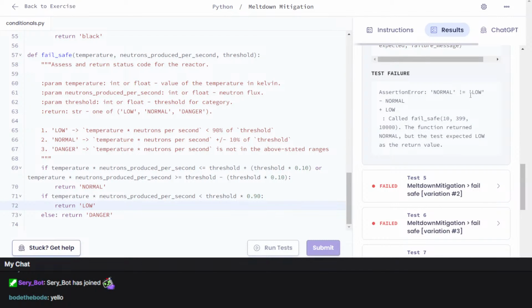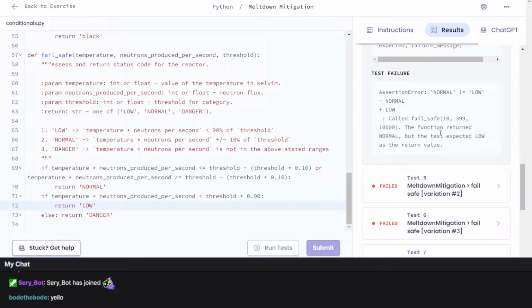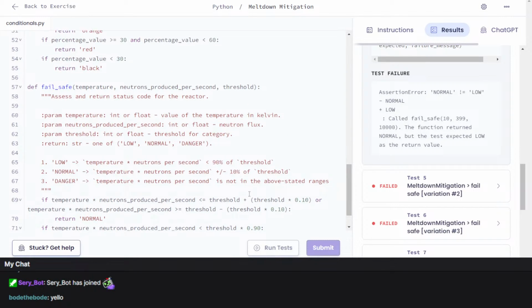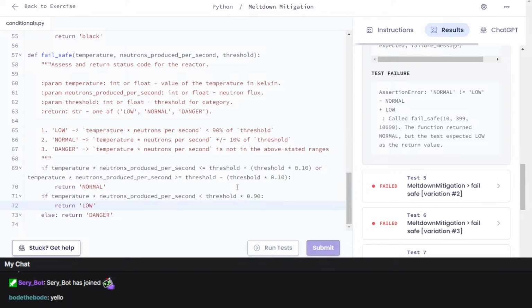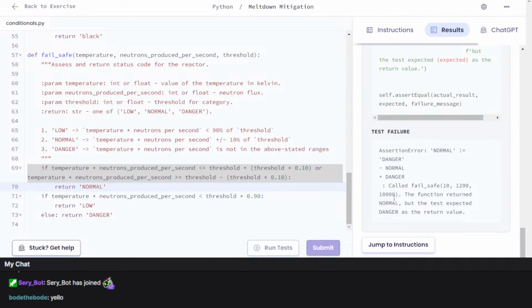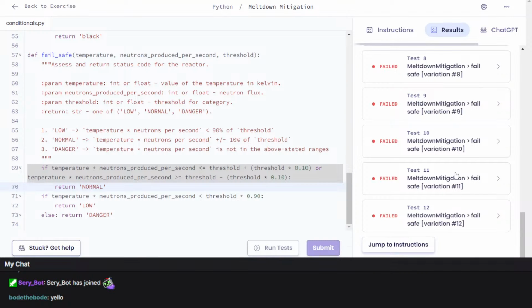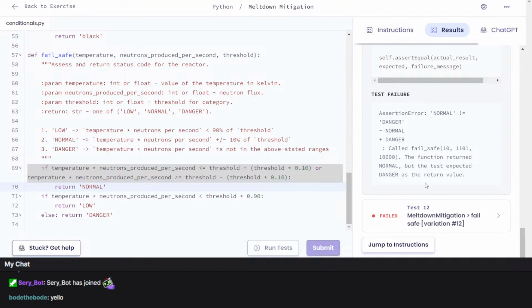Normal. Not equal to low. Okay, this test should have returned low. Wait, do they all return normal? The function returns normal.